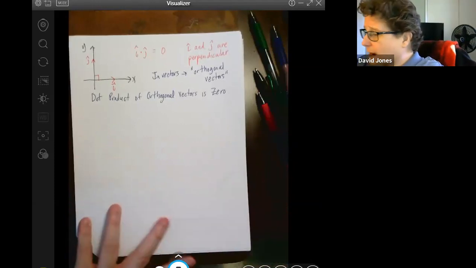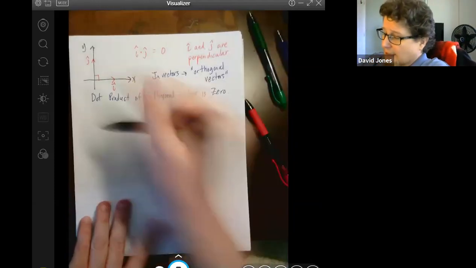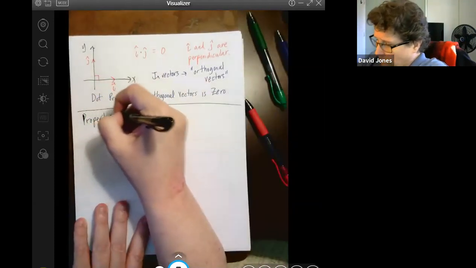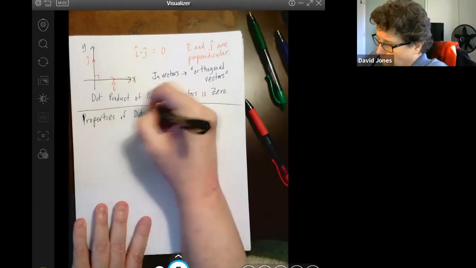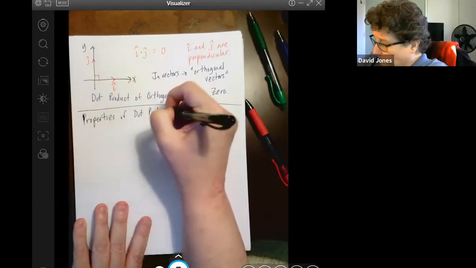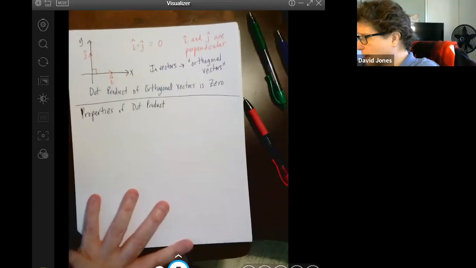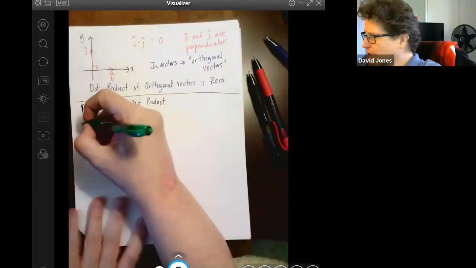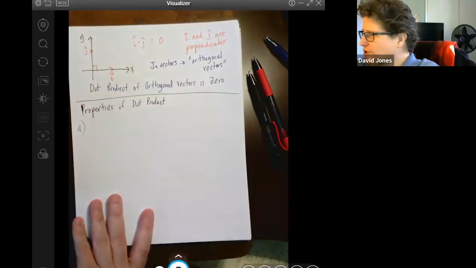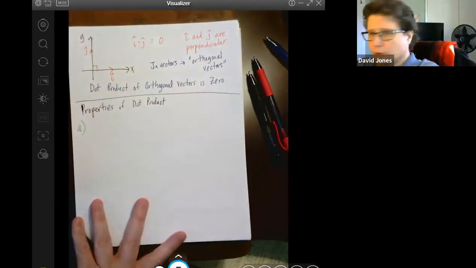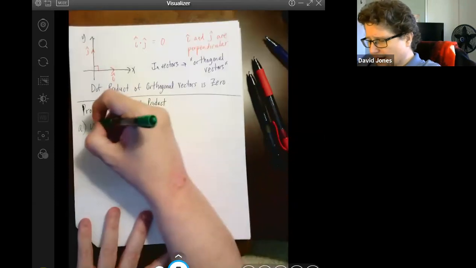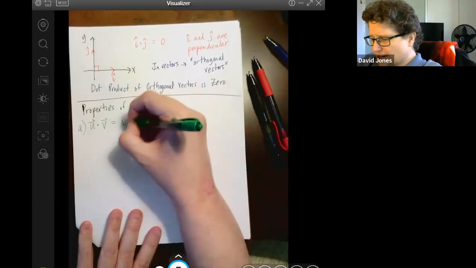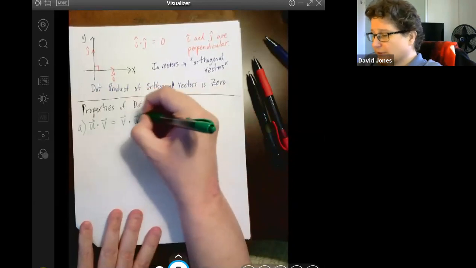So the properties of the dot product. Let's take a look at those. We have all of our general rules that we're used to in math. They transfer over to vector properties. If I dot u and v, I can change the order and do v dot u.